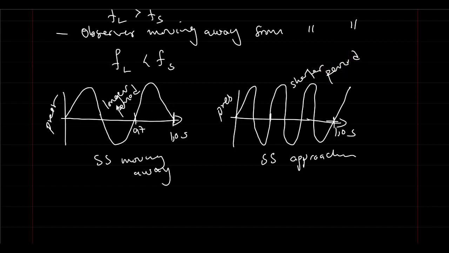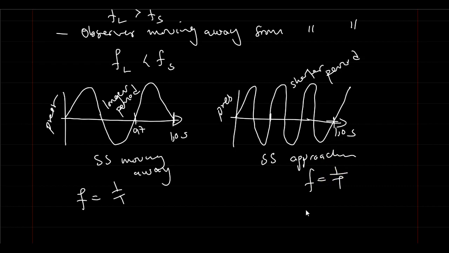And a longer period corresponds to a lower frequency. Remember that period and frequency have an inverse relationship. So when the period becomes longer, the frequency becomes lower. And the shorter the period, the higher the frequency.